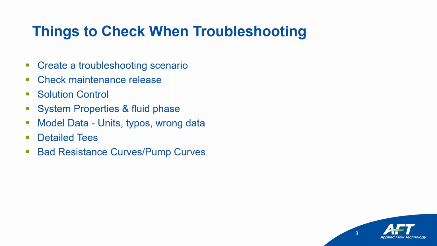Another thing that I look for is bad resistance curves and bad pump curves. Let's talk about this for a second. Let's say that you have a pump curve and you are using a polynomial curve fit to fit your data points.